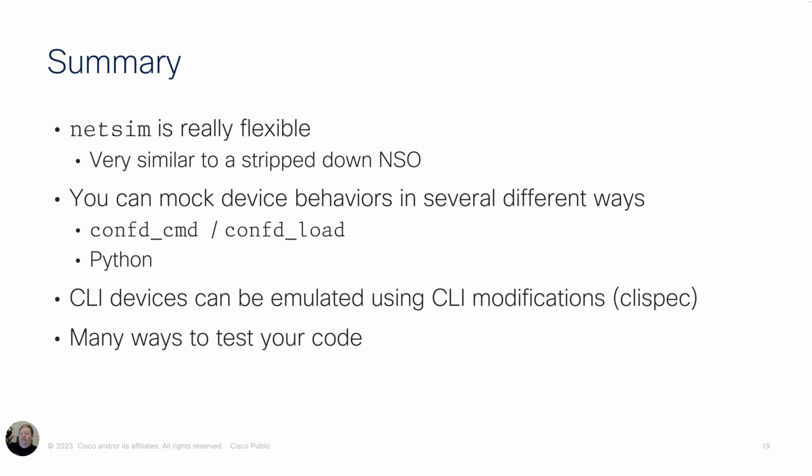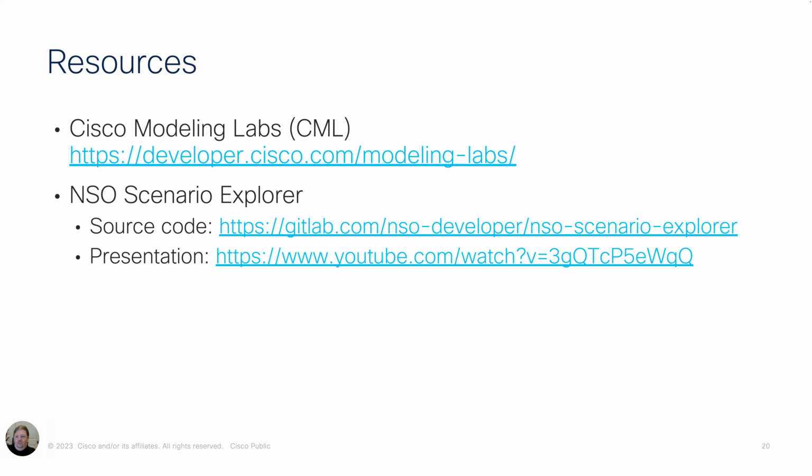You can use the shell script extensions to make the behavior behave in various ways for the CLI. And you can use CLI spec to extend this even further. There are many exciting ways to test your code. I hope you've learned a few things today, and I hope that you will explore Netsim and the possibilities that it gives you.